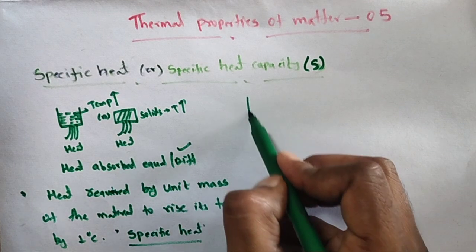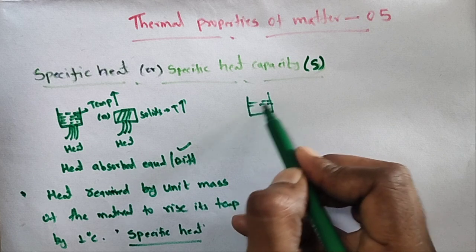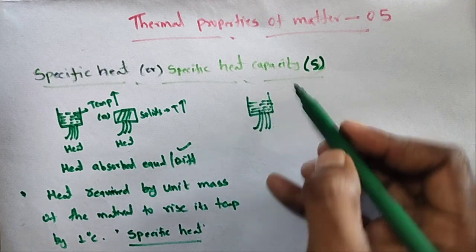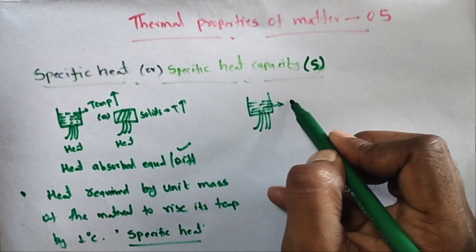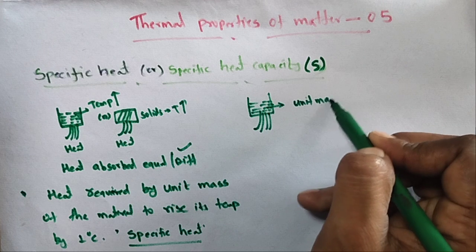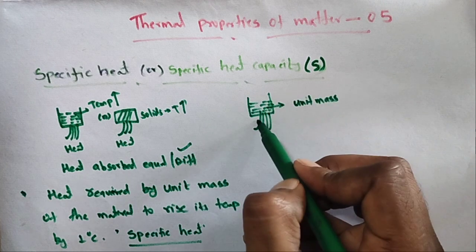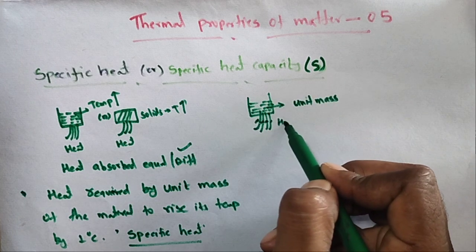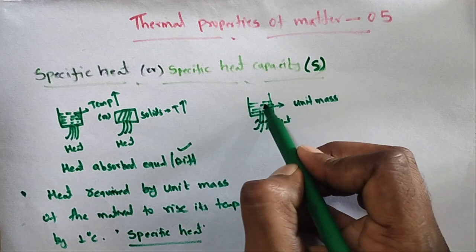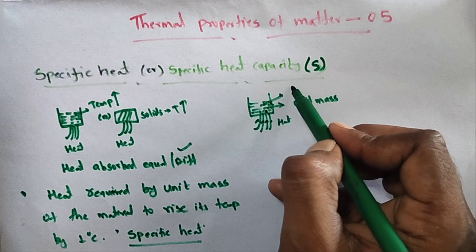So this is one object, or I am taking the container. I'll give some heat. What is the mass? Only unit mass. I'll give some amount of heat to this liquid of unit mass. How much will the temperature increase?